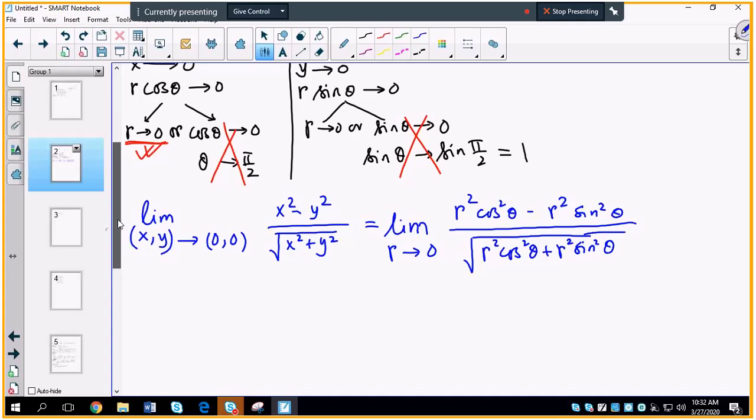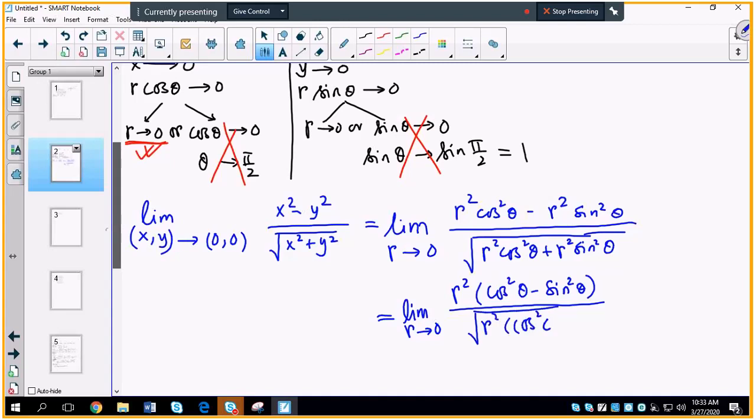As you can possibly see now, the bottom is going to be so beautiful looking. What I will do is factor out the r squared from top and bottom. So I will get r squared times cosine squared theta minus sine squared theta all over the square root of r squared times cosine squared theta plus sine squared theta.